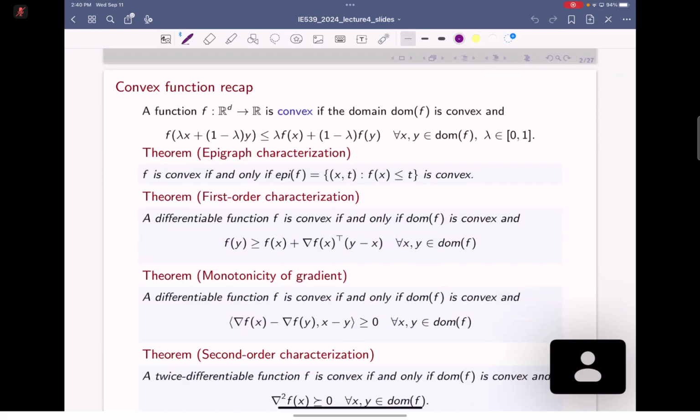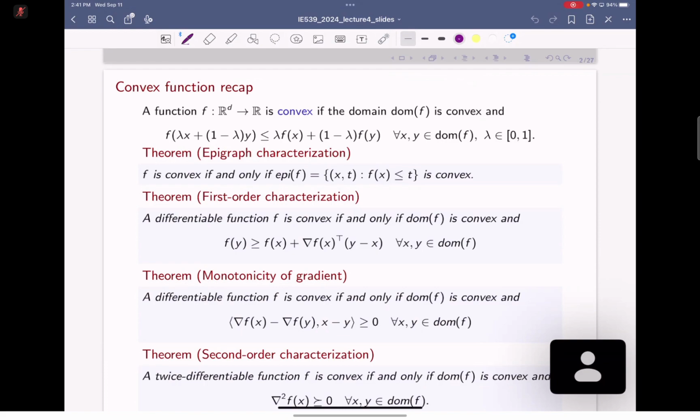We say that a function is convex if it satisfies this inequality, which is quite important. But in many cases, we don't get to prove that a function is convex using this inequality. It's often the case that you use some of these equivalent characterizations to prove that your function is convex.